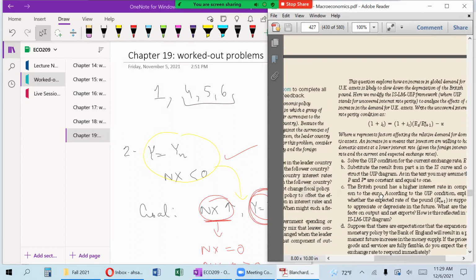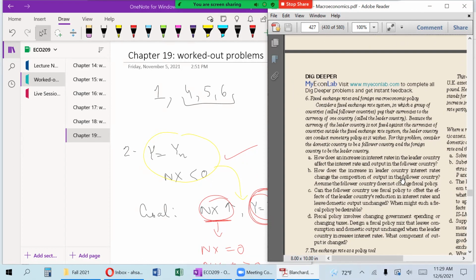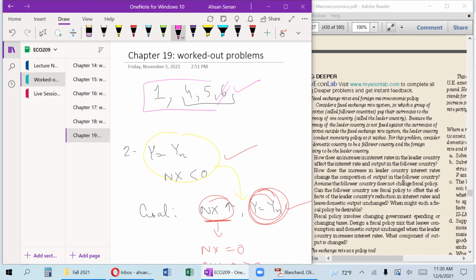And let's take a look at number 6. Okay, 6 is a little difficult, so it's not mandatory that you try and do 6. Do 4 and 5. Try to do 6. If you can't, don't worry about it too much. But these are the 3 that you should be solving.